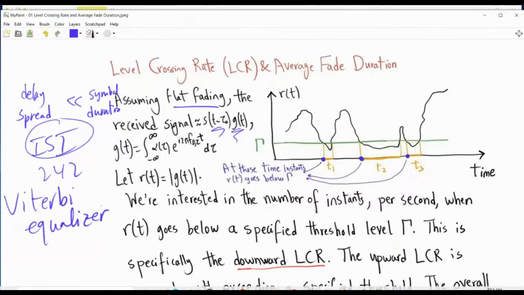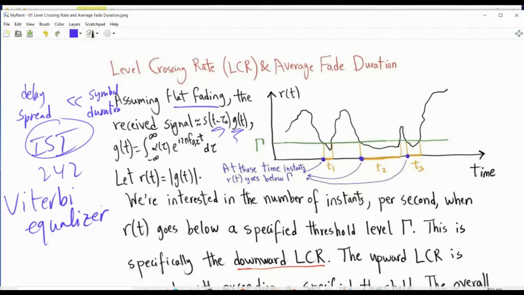Again, if you have not studied this in 242, or if you have not taken 242 in the previous semester, it's not a problem. There are notes on Blackboard which you should read this week. You should read about channel equalization, specifically the zero forcing and LMMSE equalizers.